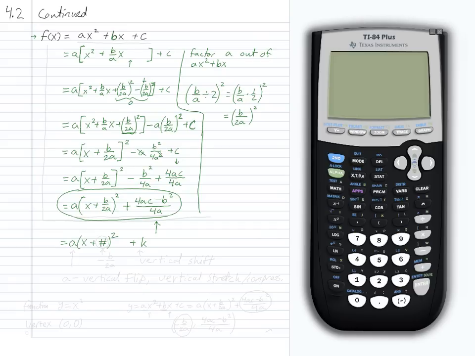Alright, so I can recognize how the graph of ax squared plus bx plus c will look in relation to the graph of x squared. These are all transformations. We have a causing either a vertical flip if it's negative, and possibly vertical compression or stretch.